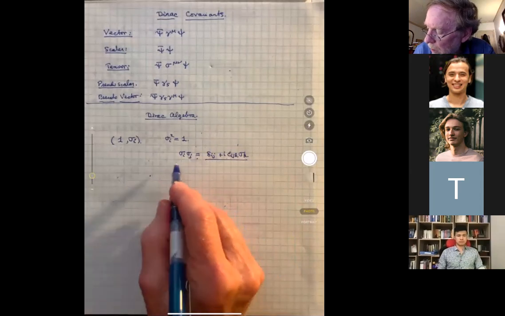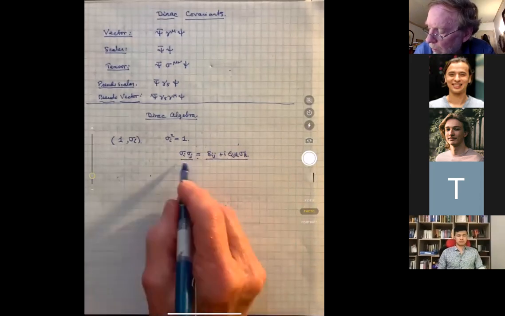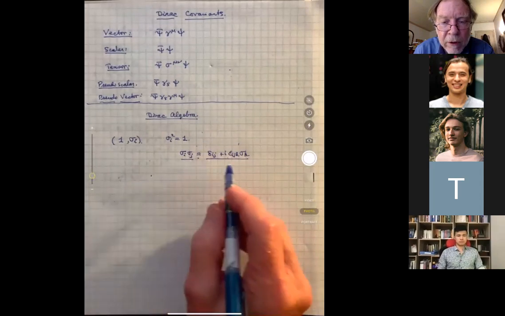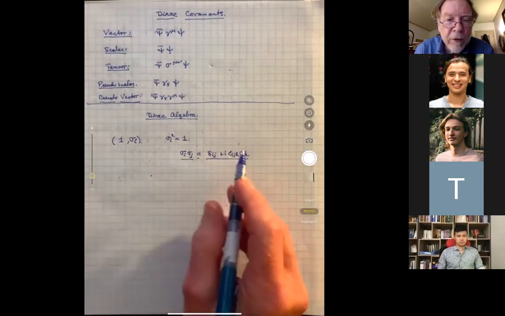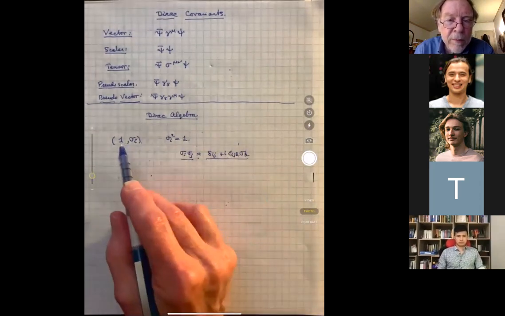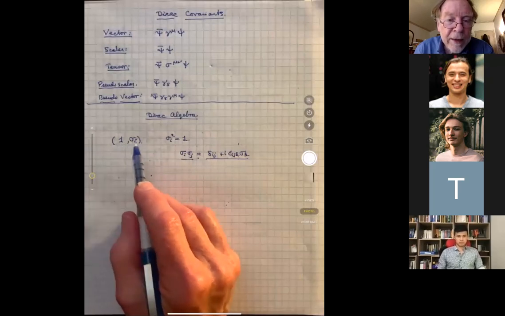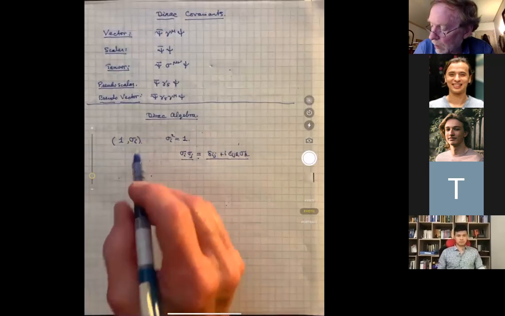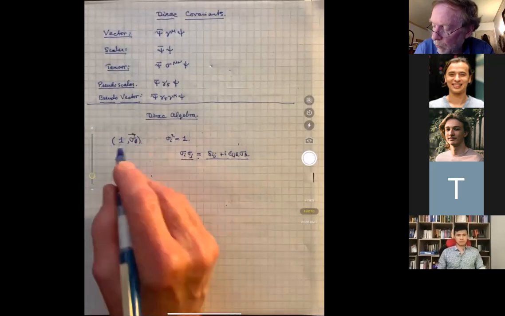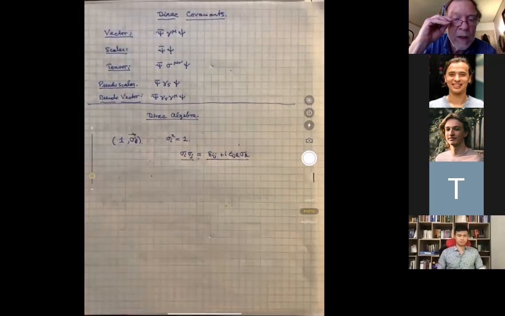And so as a result of this identity, all higher order monomials in the sigmas can be reduced to 1st degree. And therefore, the Pauli algebra is really spanned by these matrices 1 and sigma_i, and that's the end of it. Well, 1 and sigma_i, if I make a sigma vector like this, the set of 4 matrices, as you know, they span the space of all 2 by 2 matrices.